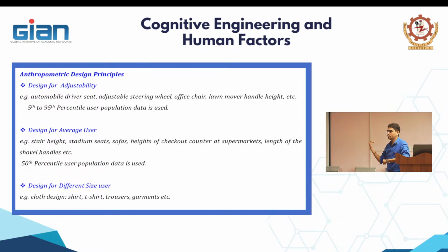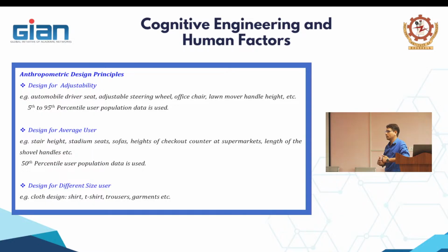Again like the chairs you might have seen, from the application point of view, we cannot keep adjustable things everywhere, because if the adjustable concept comes in, it automatically adds to the cost. So economic parameters come into the picture.